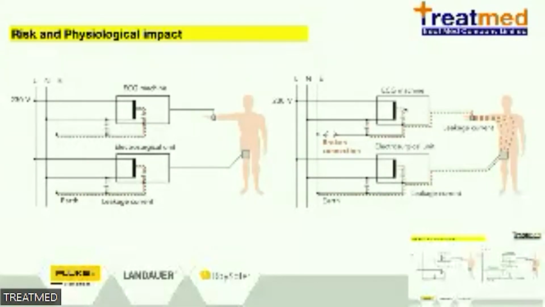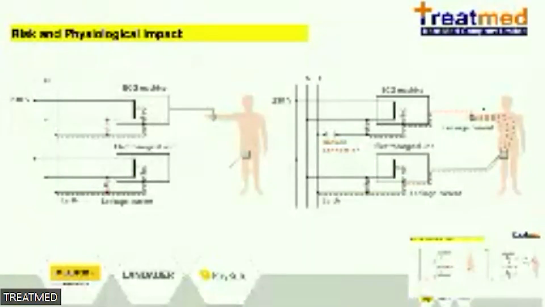On the right side, when they use the ECG machine, the ground connection is broken. The ground connection is broken, and the leakage current stays on the skin, on the patient, when I touch the patient.